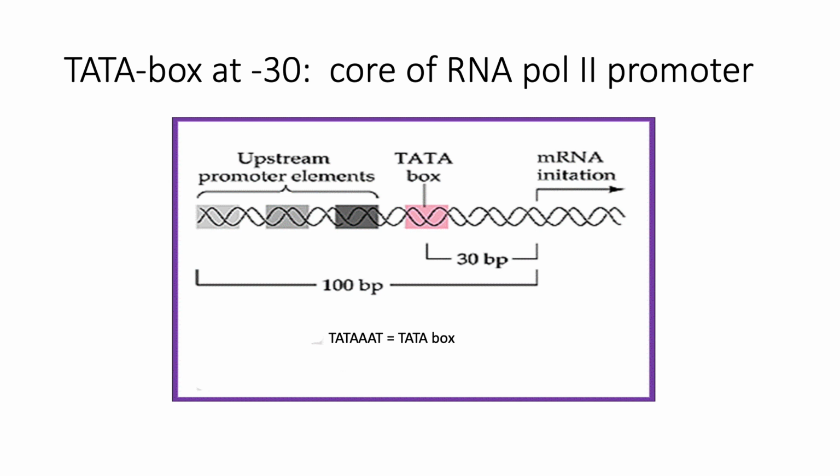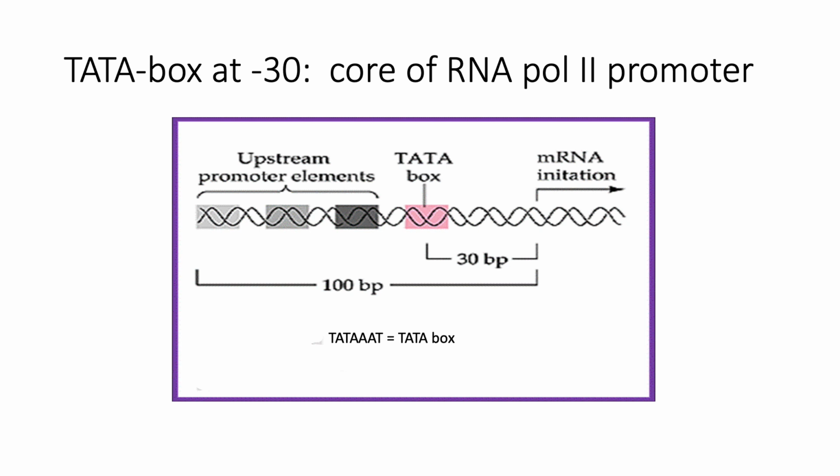And then there's also a conserved region, just like there is in the bacteria, but it's at a different position, at -30. So it's 30 base pairs upstream of the start site. There's what's called the TATA box. It's just referred to as the TATA box, and below I have the actual sequence, which is TATAAAT, the TATA box.